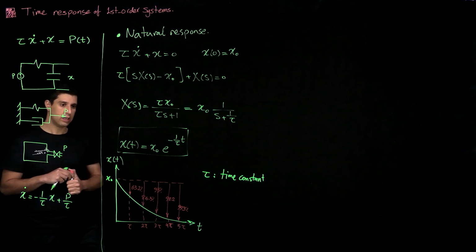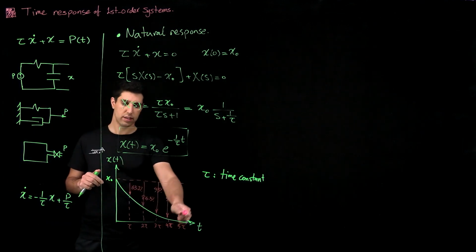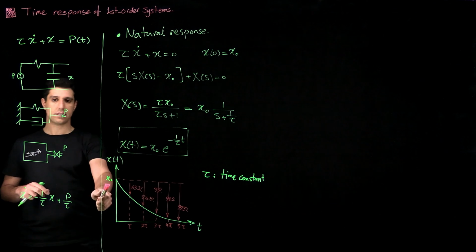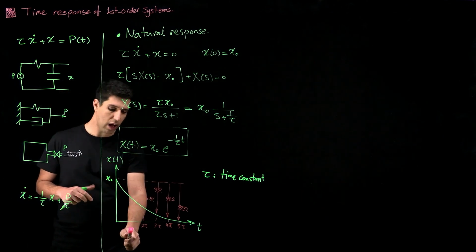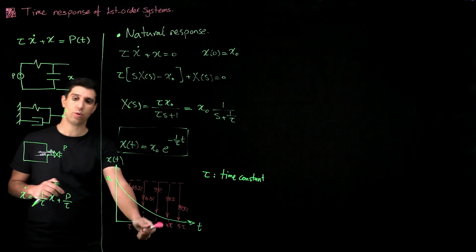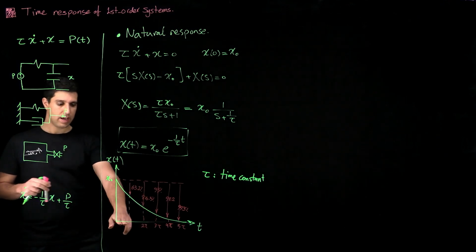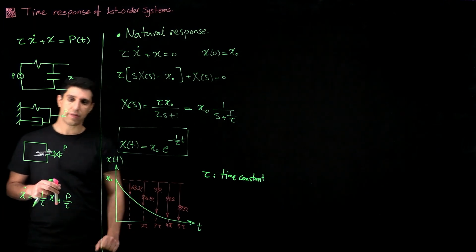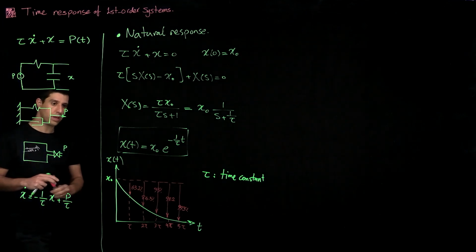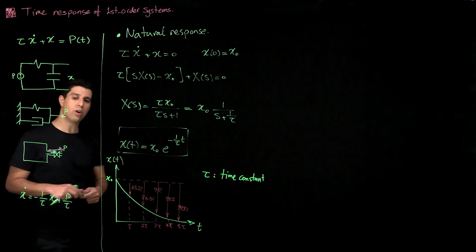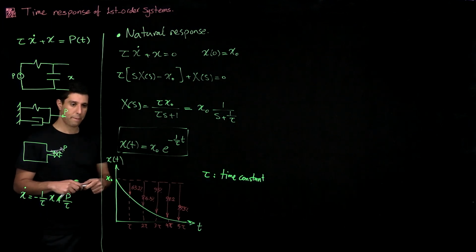And this doesn't matter where x naught is, how large x naught is, and how slow or fast the system is. As long as you can define the time constant as this tau in that form, you already know what the response will look like.